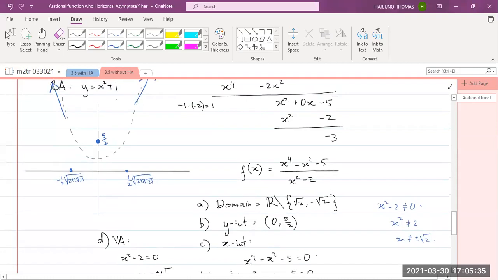If I look at this, this is x equals square root of 2, and this is x equals negative square root of 2.